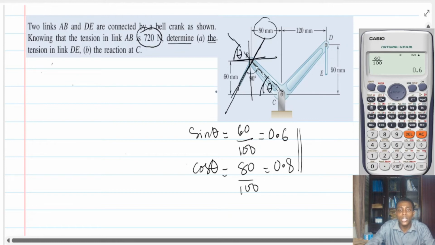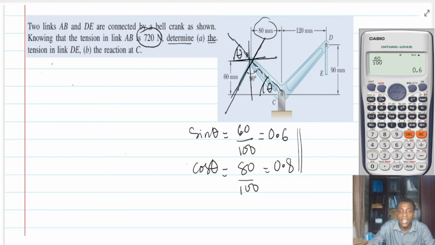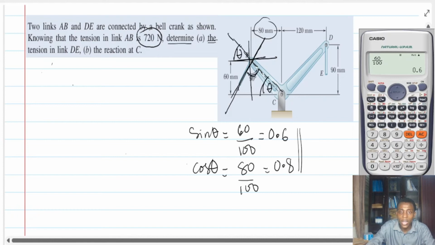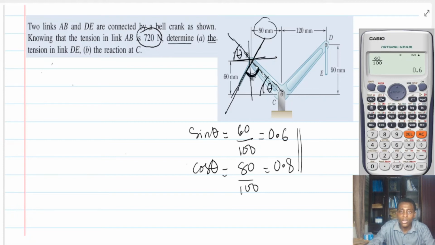That is to say, corresponding angles are equal. What happens is that if this side is going to be theta, then watch this, please. We are saying that this whole angle here is 90, right?